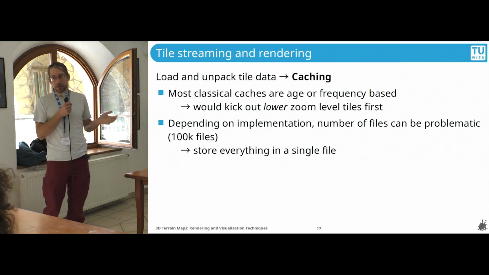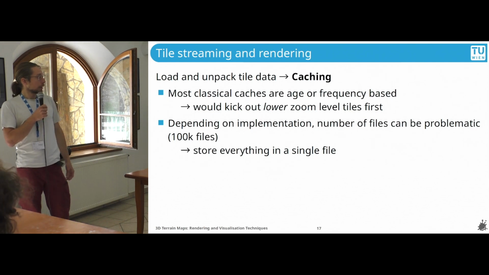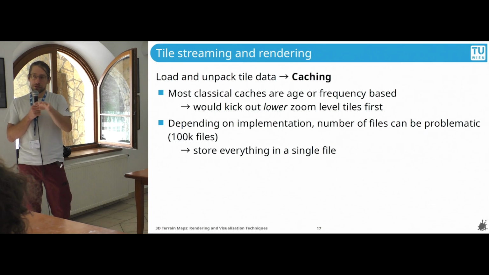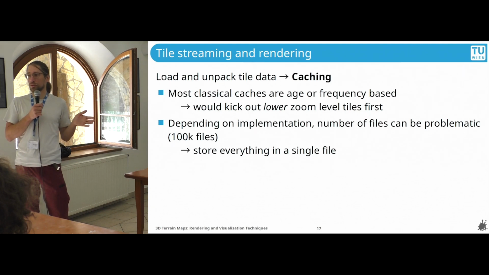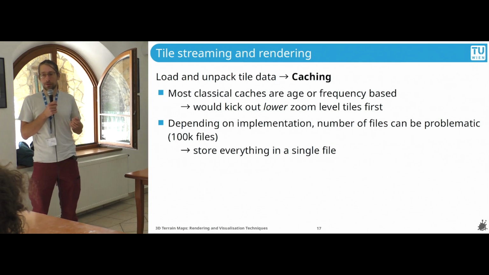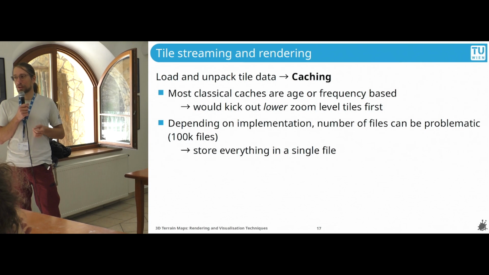Another problem, but this might be only our implementation: you relatively quickly arrive at the point that you want to cache 100,000 tiles. That's our current limit, and our caching system had problems with file descriptors and stuff, and after some time it simply stopped working.